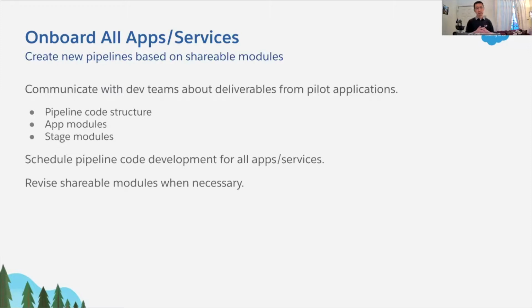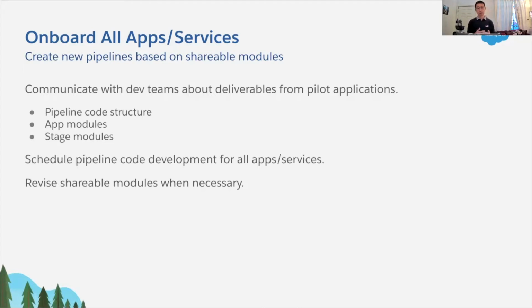After the previous phases, we are at a stage where we can onboard more applications and services. From the pilot application experience, we developed the pipeline code structure, the application modules, and the stage modules.